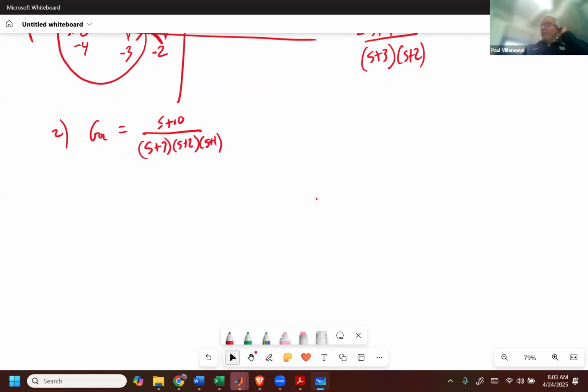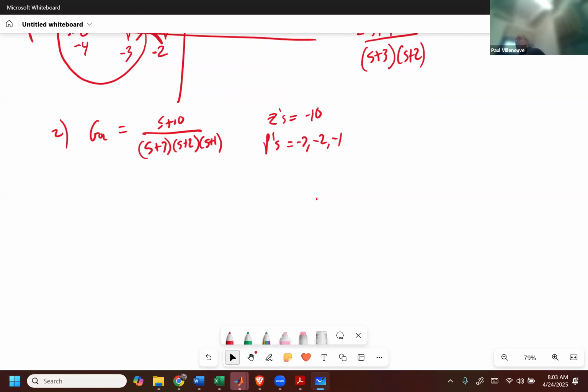The very first thing you should do is define the poles and zeros. Whenever we're trying to plot a pole zero map, it makes sense to at least define those initial ones. So our zeros: -10, and our poles: -7, -2, and -1.